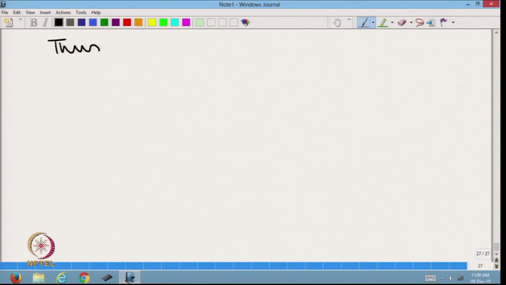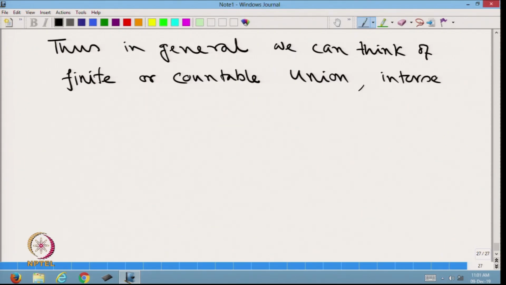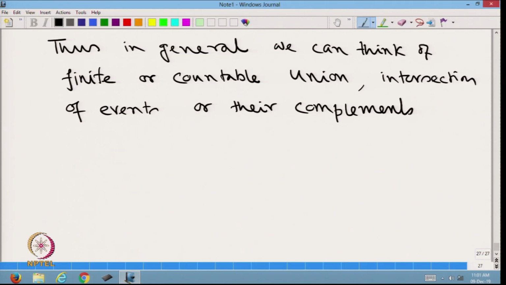Thus, in general, we can think of finite or countable unions and intersections of events or their complements to be events.